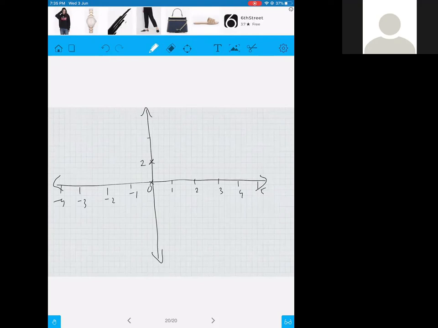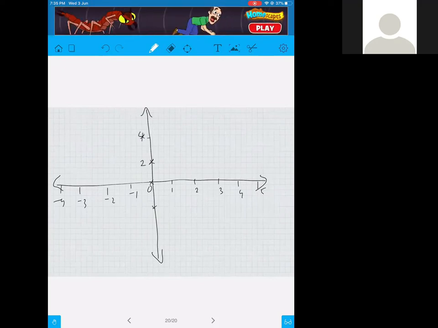So this is 2, this is 4, this is negative 2, this is negative 4. I am arbitrarily taking some values. So when x is equal to 0, the y value is 2. When x is equal to 1, y value is 2. When x is equal to 2, y value is 2. Whatever be the value.